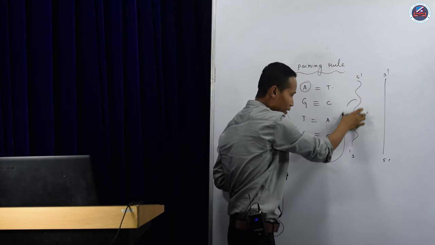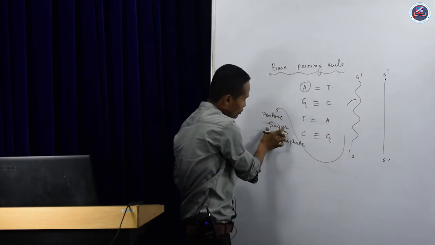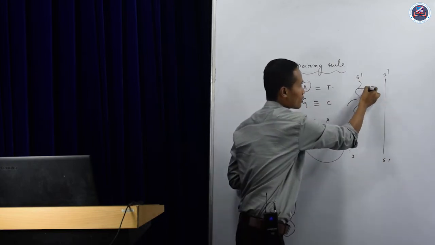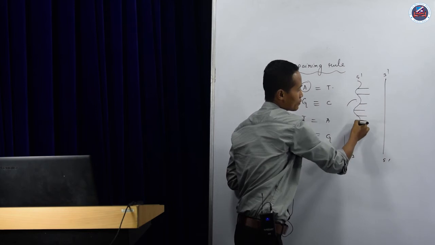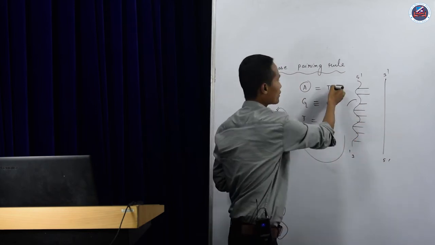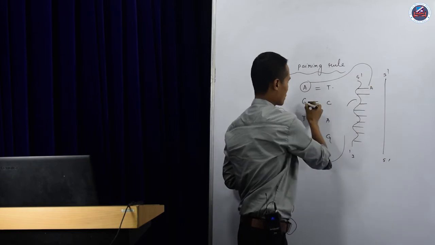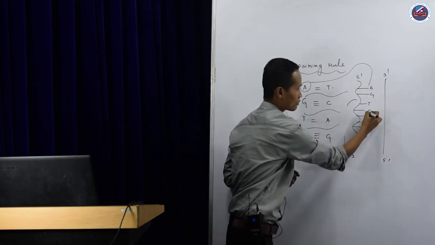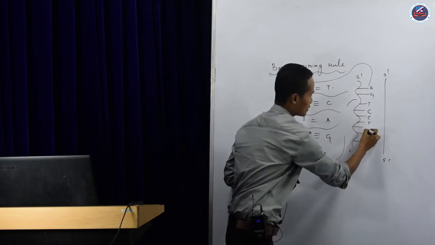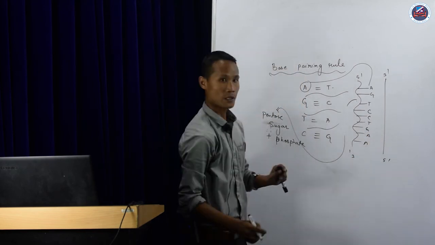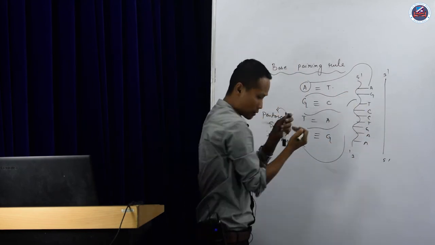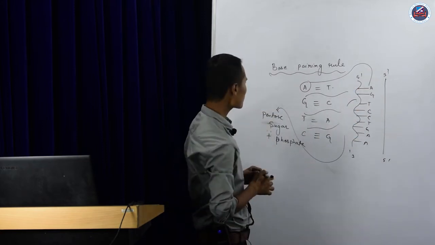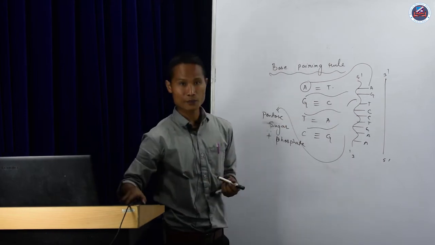When I say backbone, it means pentose sugar and phosphate are considered the backbone of the DNA. The one which is inside will be the nitrogenous bases, for example adenine, guanine, thymine, cytosine. The one projecting inside is the nitrogenous base. So this is about the base pairing rule.